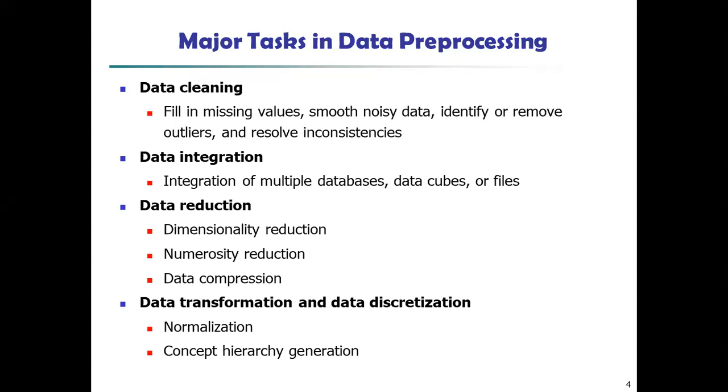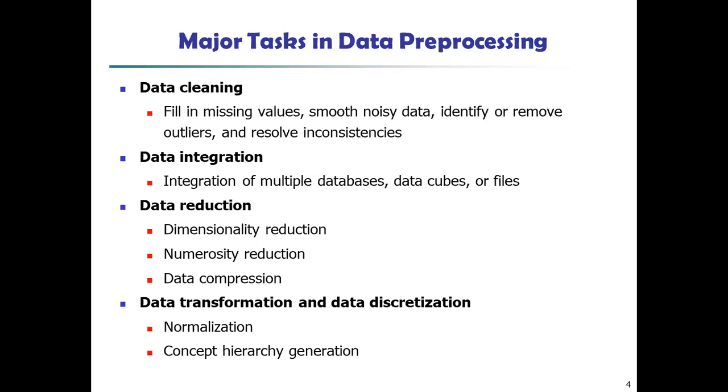The next one is data integration. In data integration, we mainly concentrate on multiple databases. For example, whenever a data warehouse is implemented, first all the data is collected from the various databases and integrated. Simply, it is the integration of multiple databases, data cubes and files.